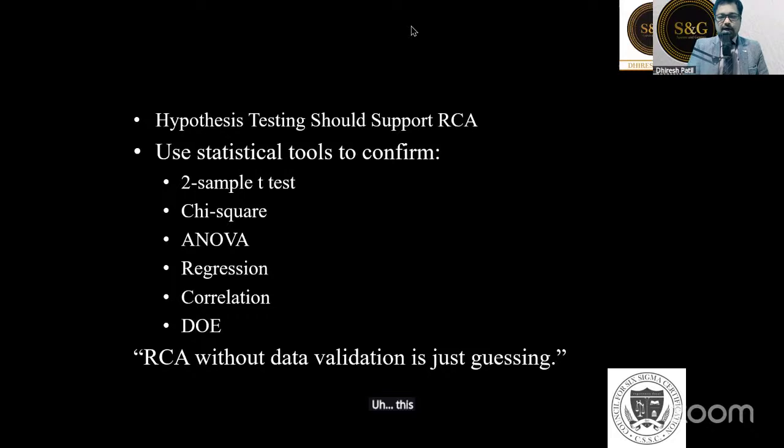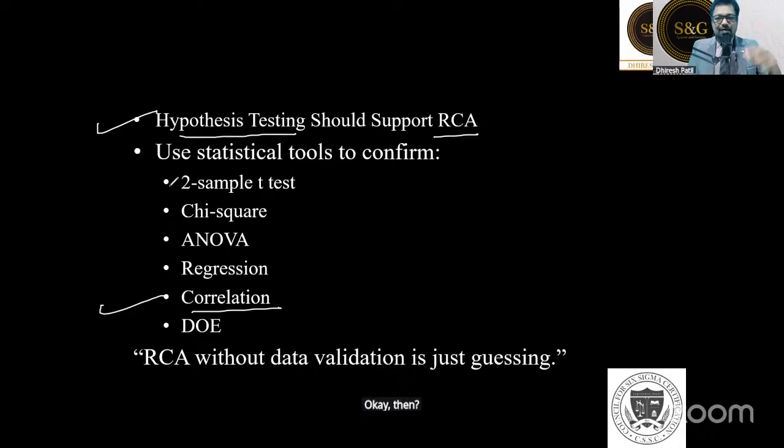So, what is validation? Gemba is a validation. Hypothesis testing is a validation. You can see here, it should support your RCA. Regression and correlation, whatever I have done just now, is called correlation.